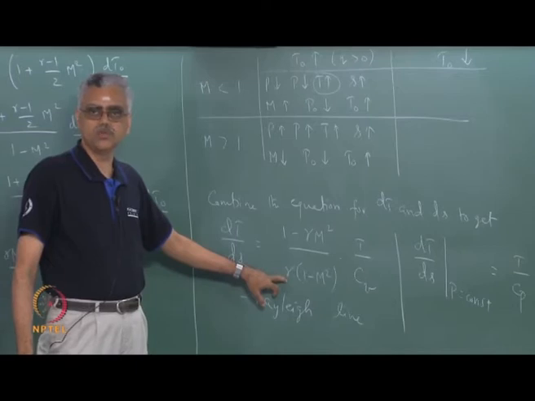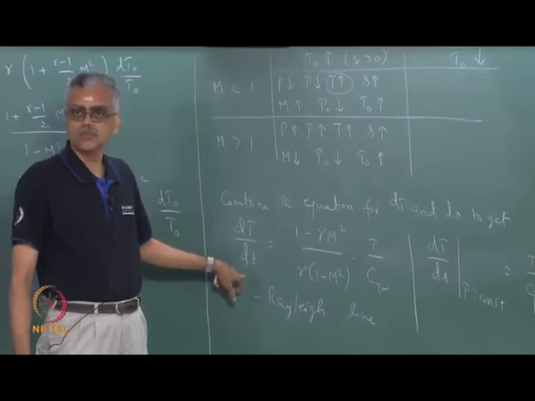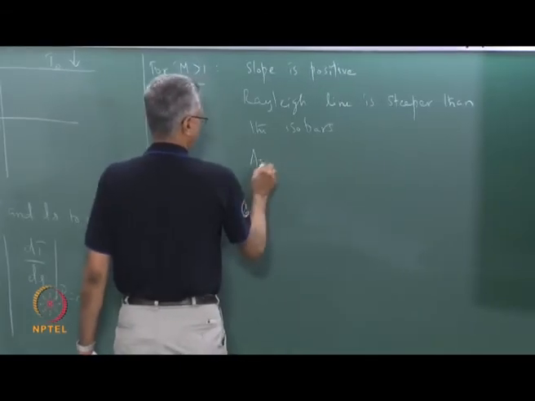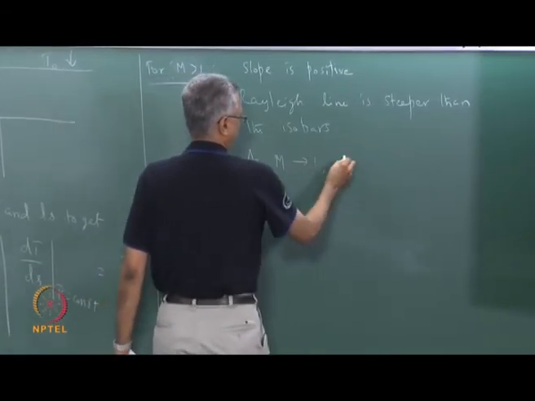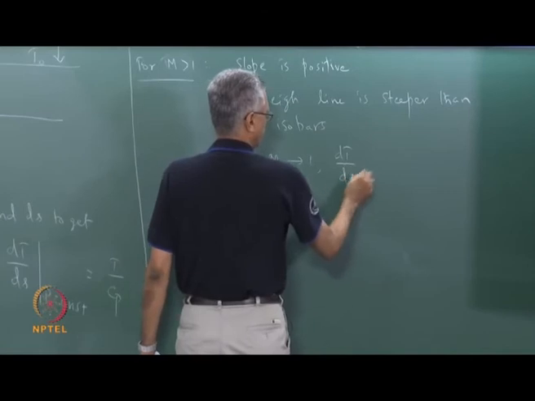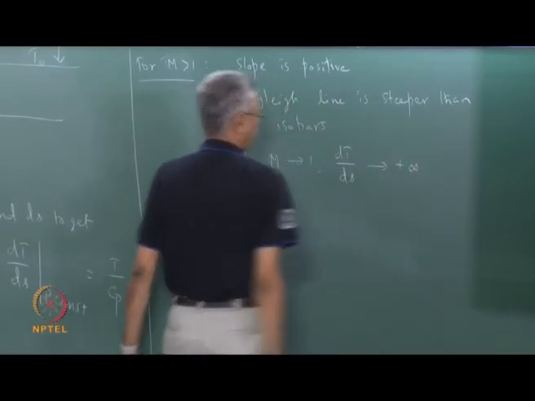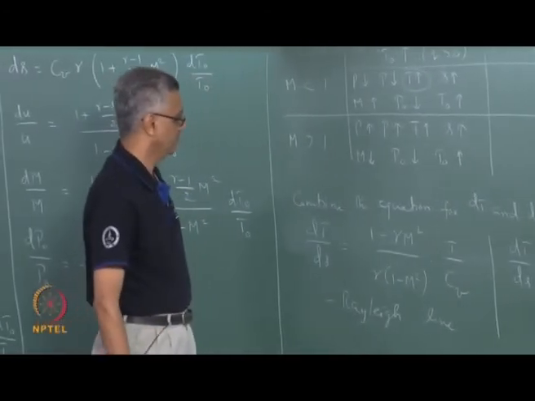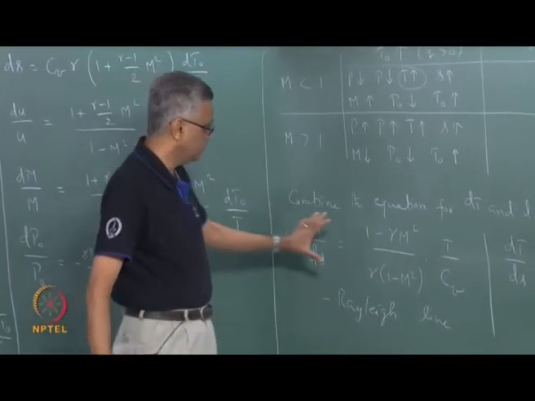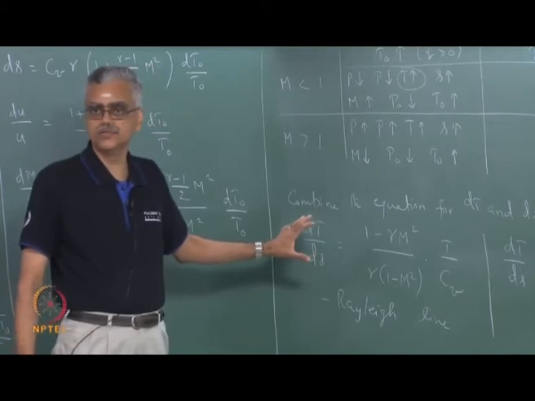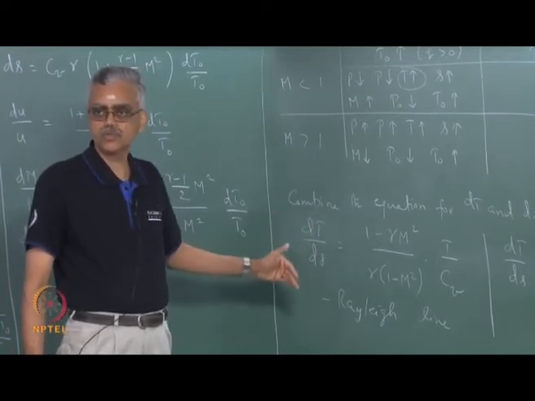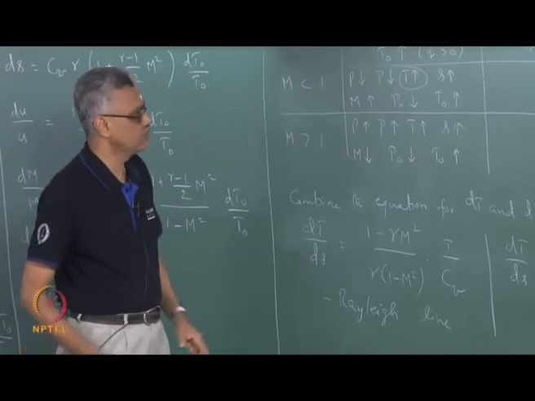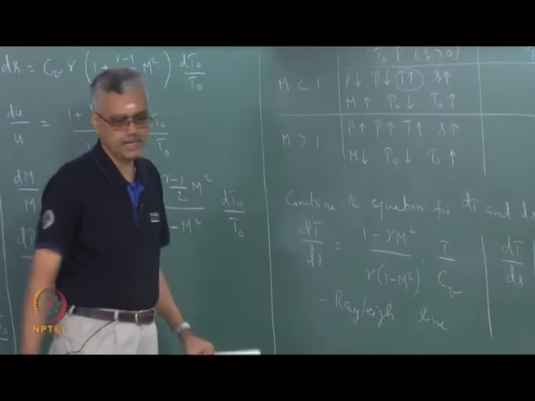So as M goes to 1, dT/dS approaches plus infinity. So I get an idea of what this line is going to look like, at least the supersonic branch of the line. That is what we are going to see in the diagram.